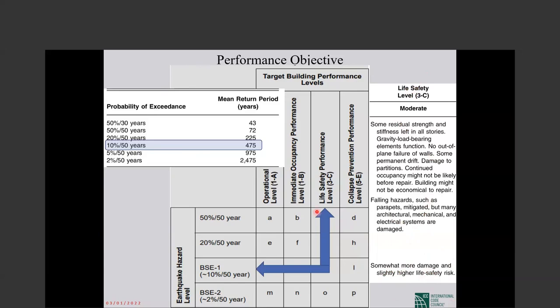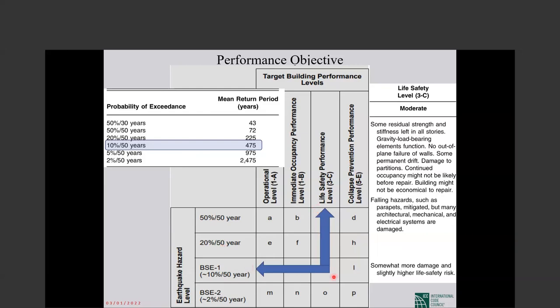So these descriptions are what, based on that, those limits that later we see in tables are quantified to give these qualities.